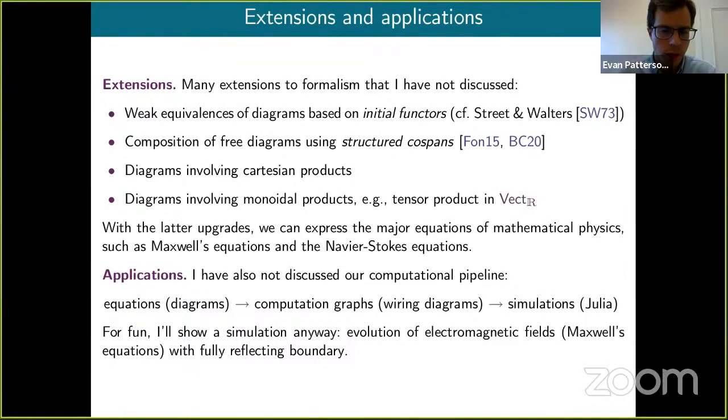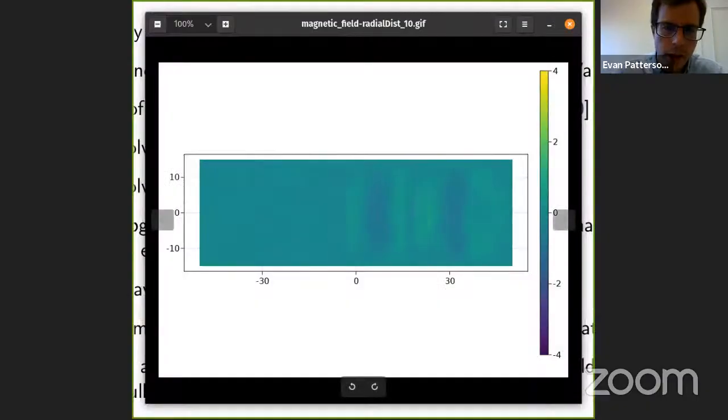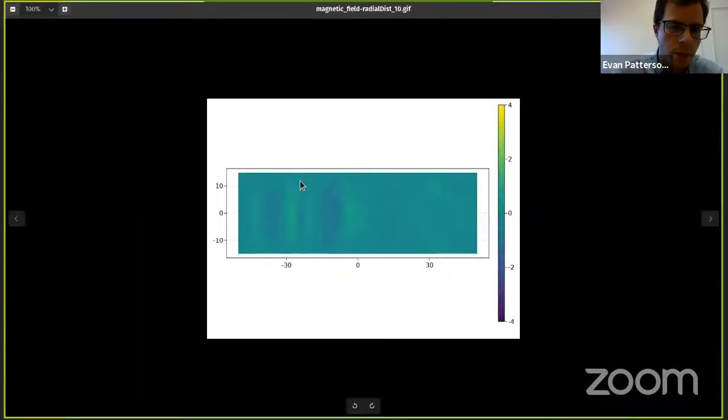But since we've come this far, as one last thing, I do want to at least show you that although we like category theory, we also like solving equations too. So I'm going to show a numerical example here. This is results from one of our simulations.